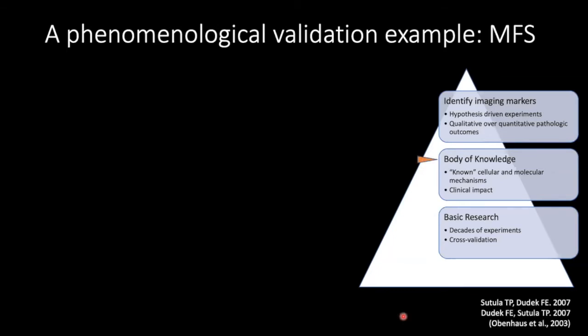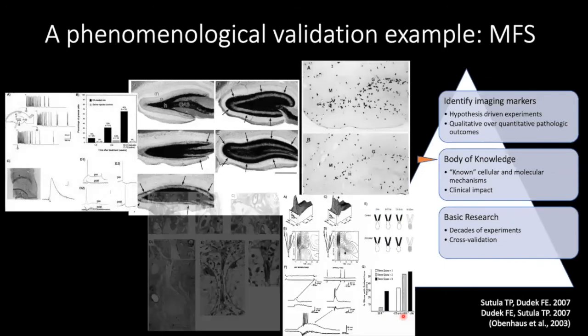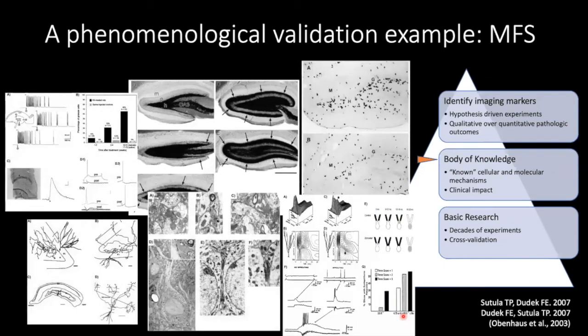Now, since that time, it contributed, along with many other studies in the field, to a more complete understanding that there's a loss of interneurons in the hilus, and that this can give rise to this sprouting, and these have been characterized morphologically, as well as compared with electrical recordings, electron microscopy, and so on.